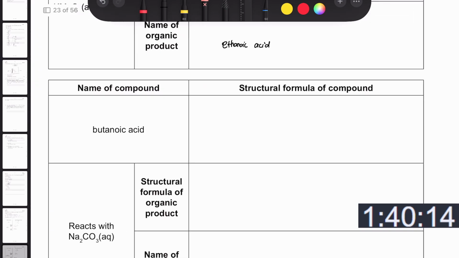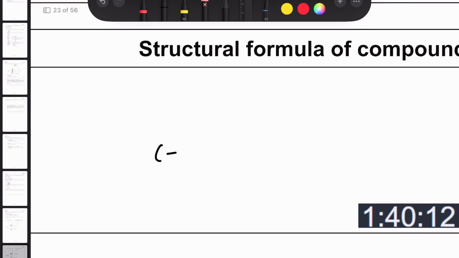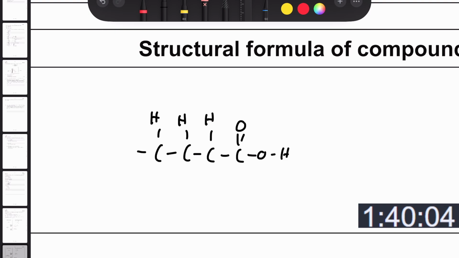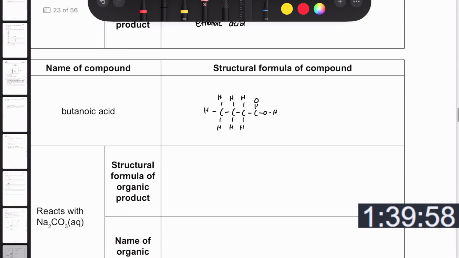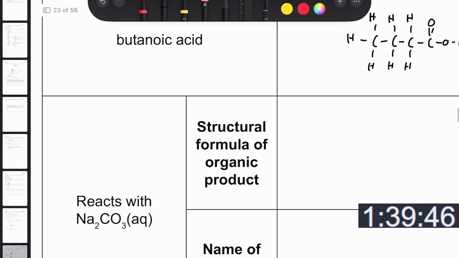So butanoic acid. So 1, 2, 3, 4, OH, and then H, and then with CO3, okay, so what's going to happen is the H is going to dissociate.